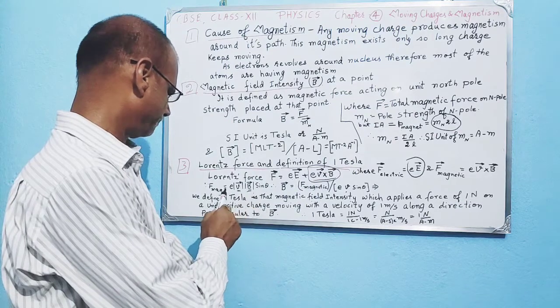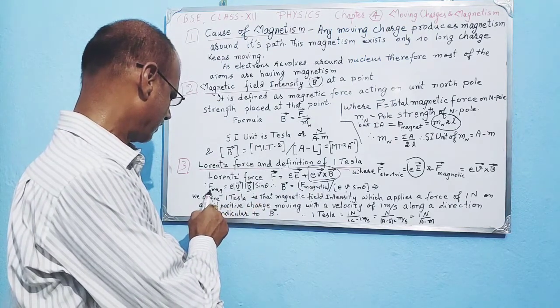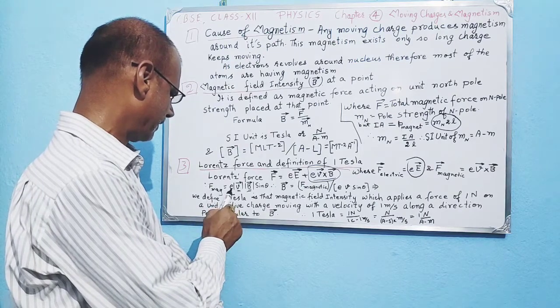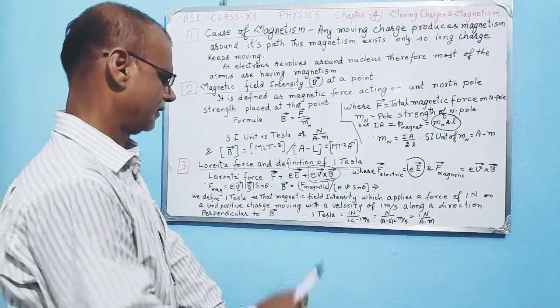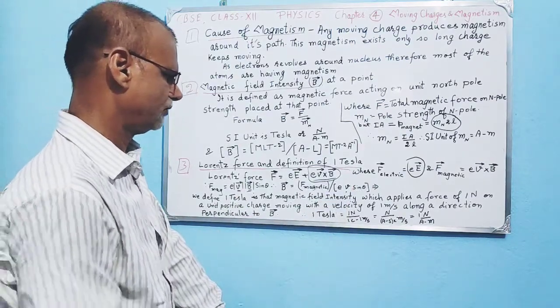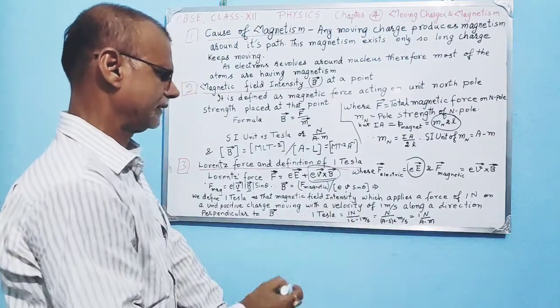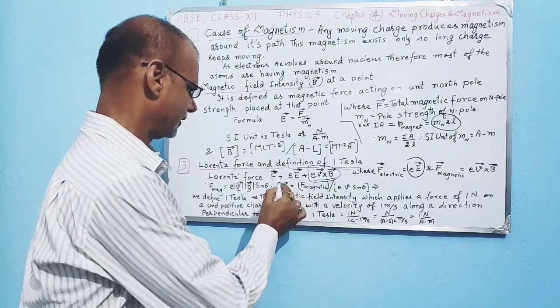Therefore we can write B equal to magnetic Lorentz force divided by charge, divided by velocity, divided by sin theta. And if we take sin theta equal to 1, that is possible only when theta is equal to 90 degrees.